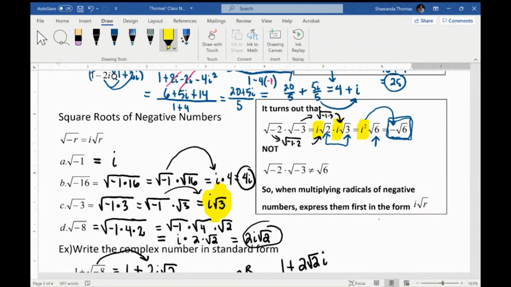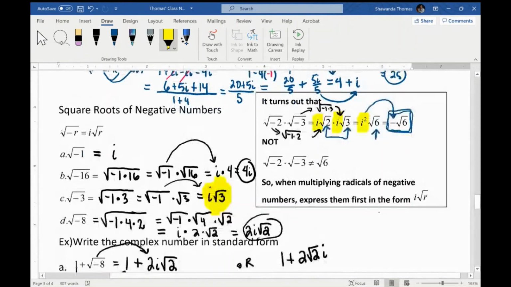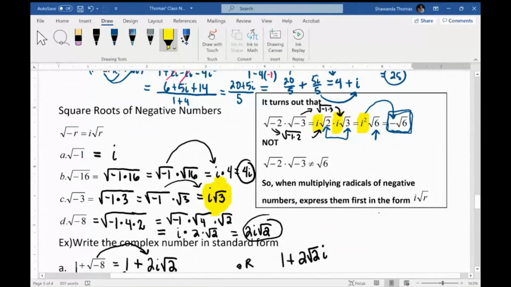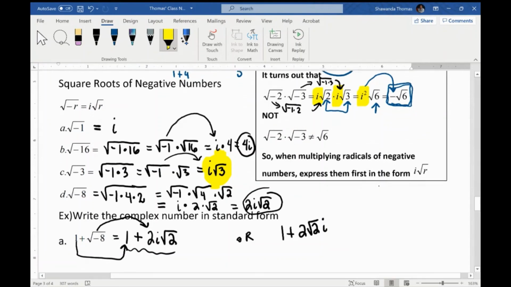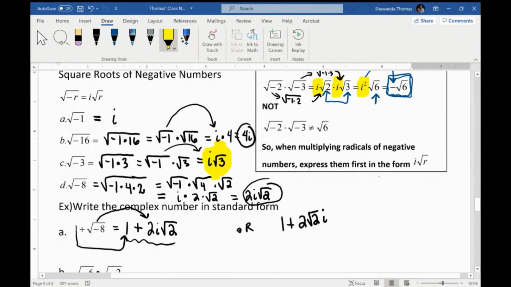You can't just multiply what's under the radical times each other if there are negative numbers under the radical. That is a different rule with the imaginary number system, really different from the real number system. If these numbers were positive, we could just multiply what's under the radical. But with them being negative, we have to convert them to imaginary numbers first and then simplify.